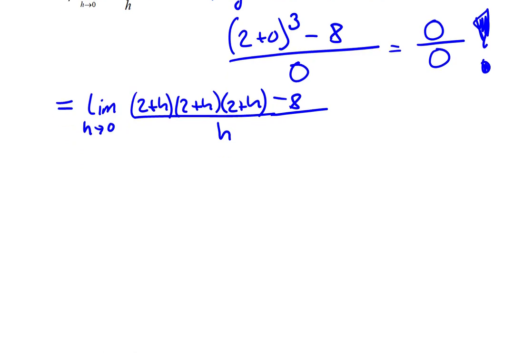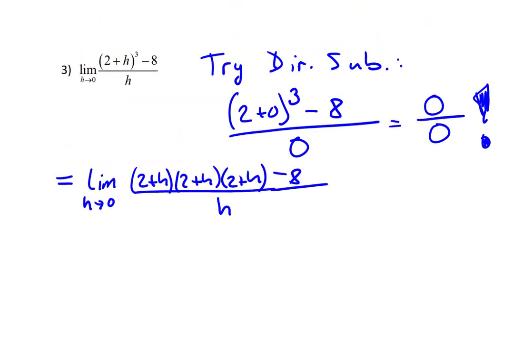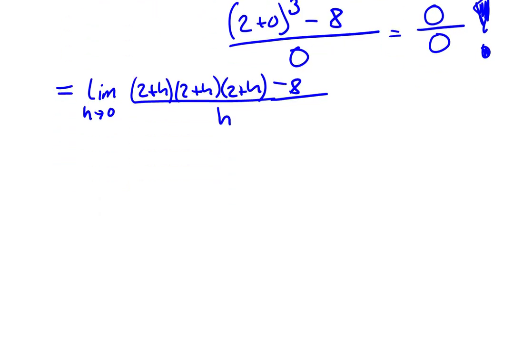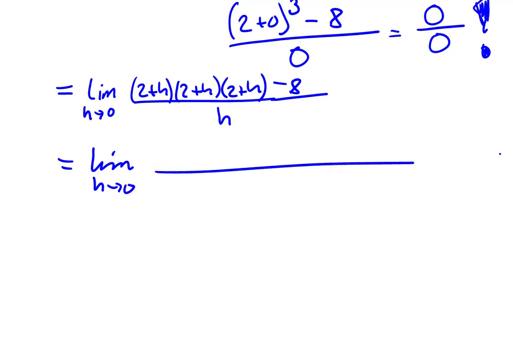Now, we know that direct substitution doesn't do us any good on this. We already discovered that. So we're just going to expand this algebraically and see if that gets any better for us. In the numerator of this limit, which I'm going to recopy, so I have the limit as h approaches 0 of, notice I could take a pair of these binomials, 2 plus h, and FOIL them together.